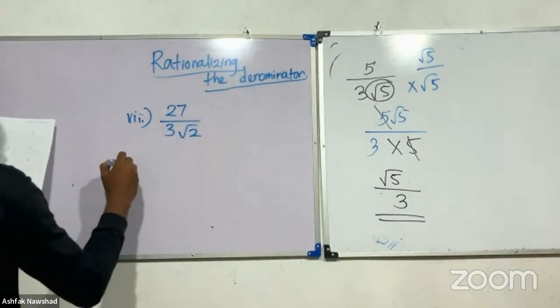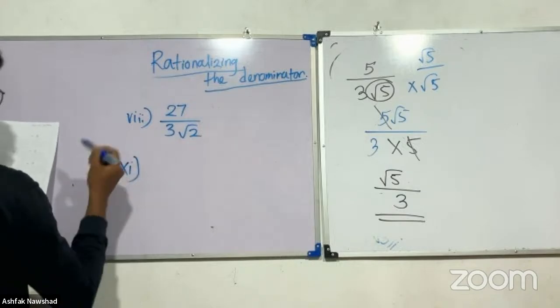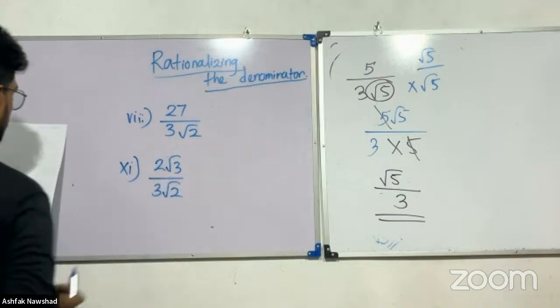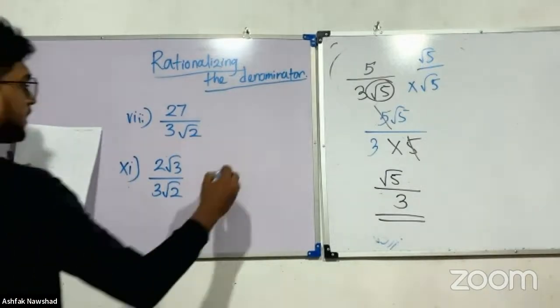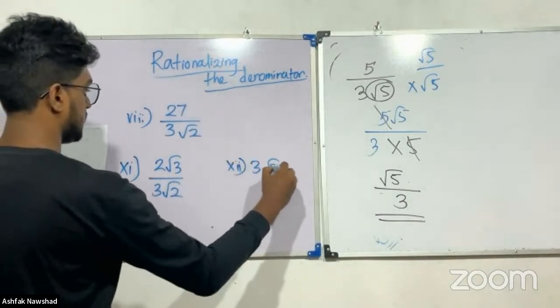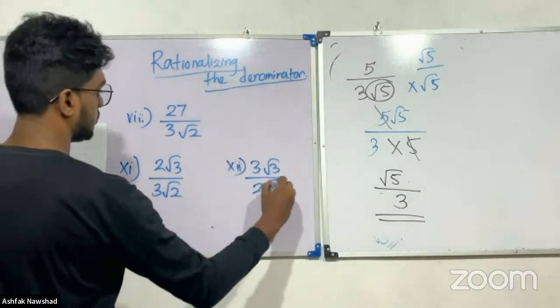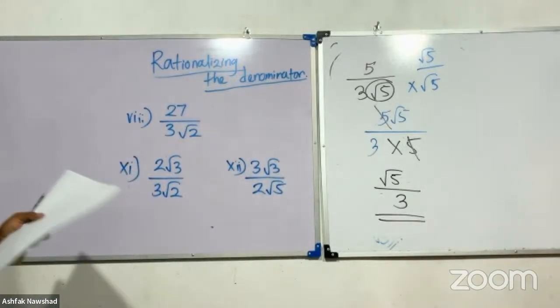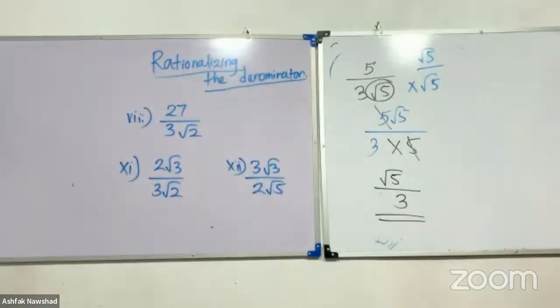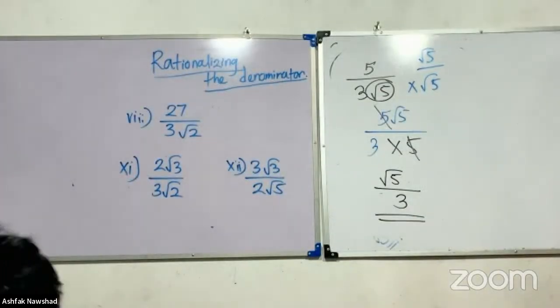Question number 11 is 2 root 3 over 3 root 2. And then finally you can try question number 12, which is 3 root 3 over 2 root 5. These are the questions. I'll give you around 5 minutes. Give them a try.